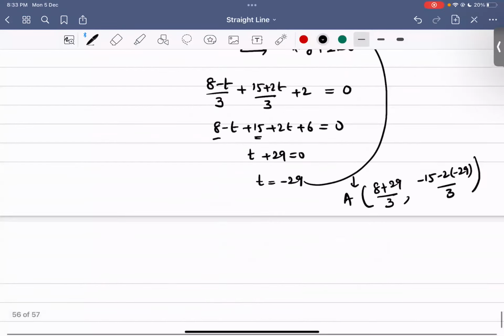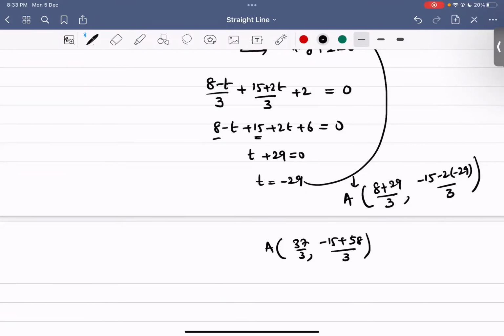So A is 37 by 3, comma, minus 15 plus 58 by 3. That is, A coordinates are (37 by 3, 43 by 3).